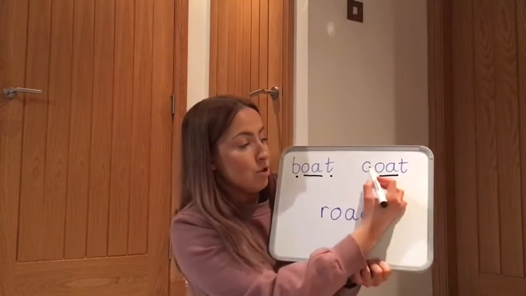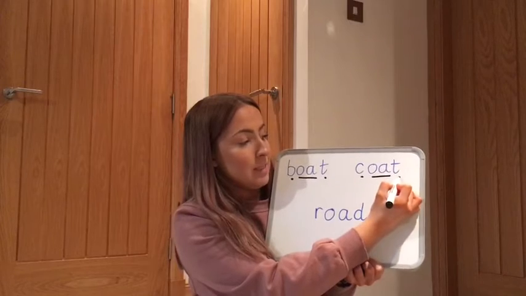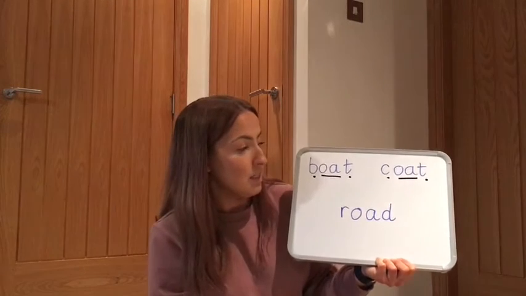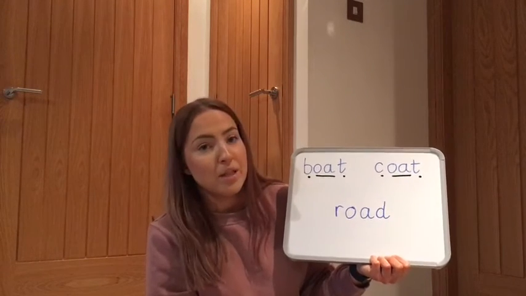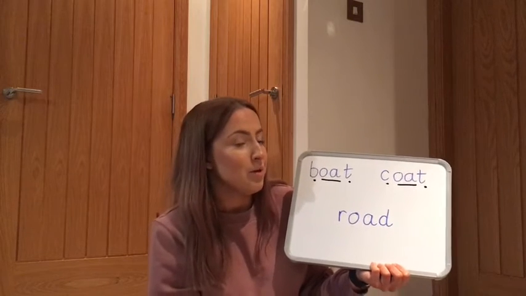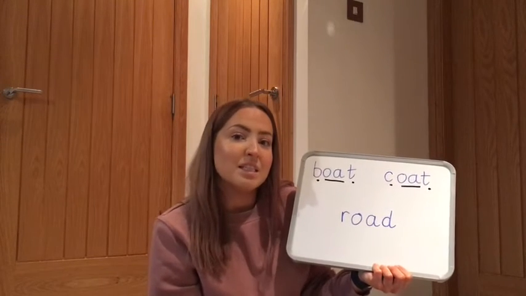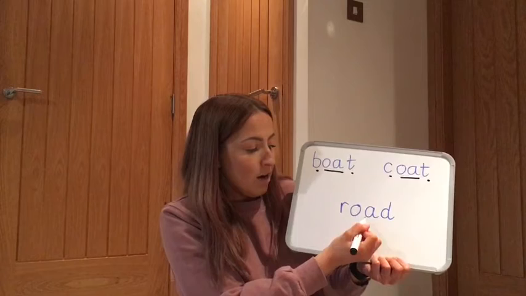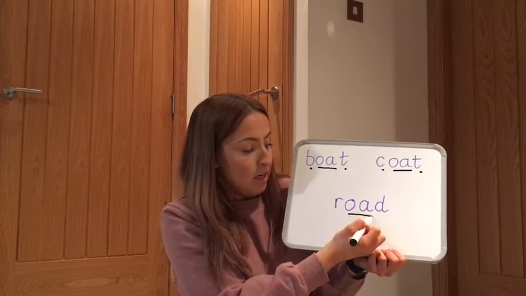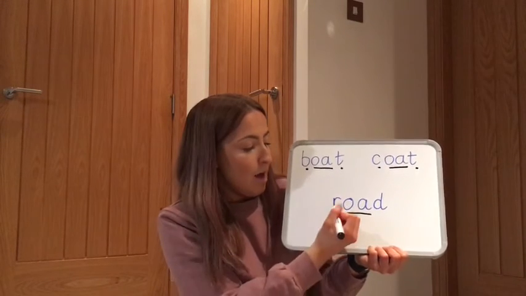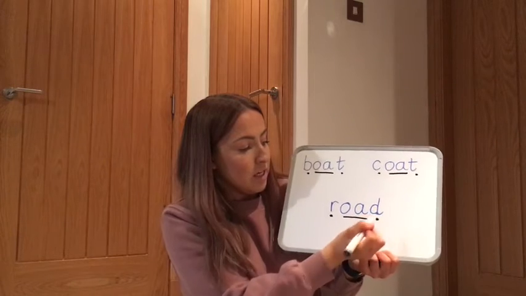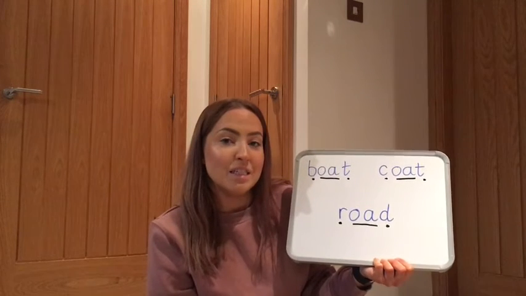And again, I'm just going to have to put my dot for my single sound on either side. Now you might think, I know exactly how to do this last one. So for road, it's exactly the same. O and A are together, so we're going to put a line underneath them and put our dots for our single sounds on either side.